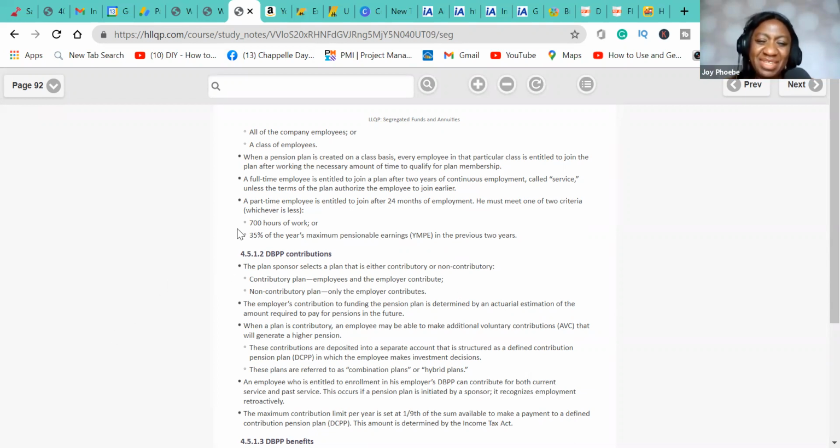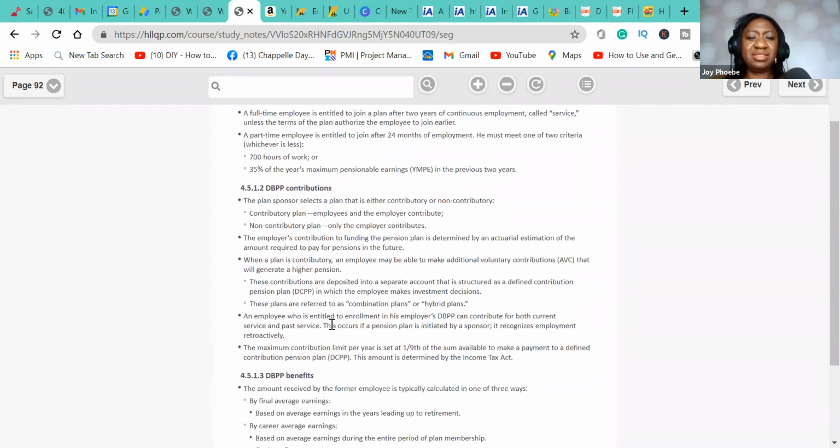A part-time employee also might be entitled to join after 24 months of employment, depending on the contract that the part-time employee has. Next is defined benefit pension plan contributions.